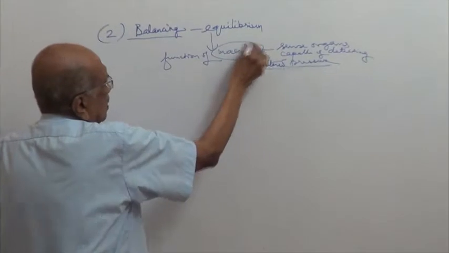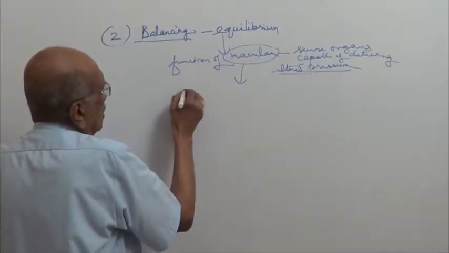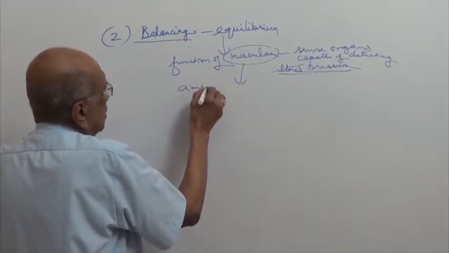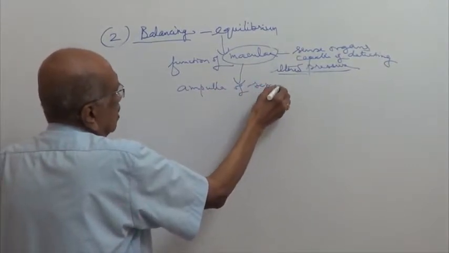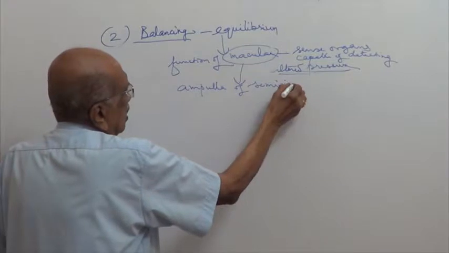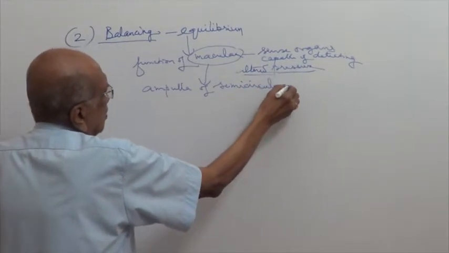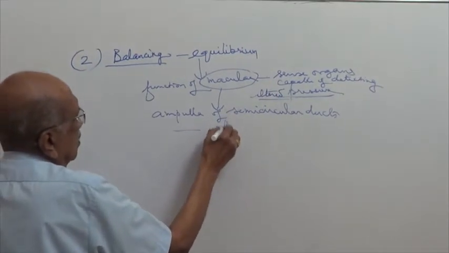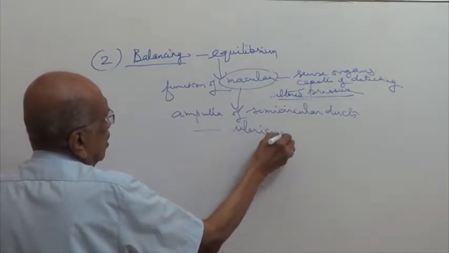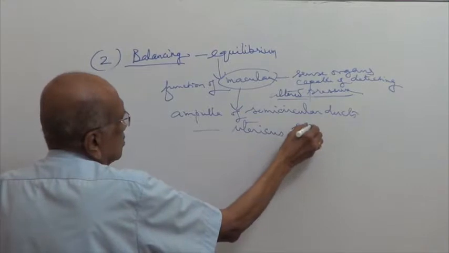So there are maculae in the ampullae of semicircular canals, I'll write ducts, and in the utriculus and sacculus.